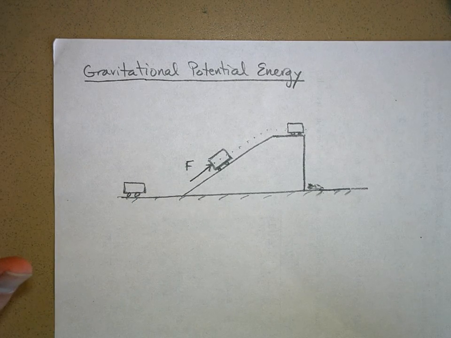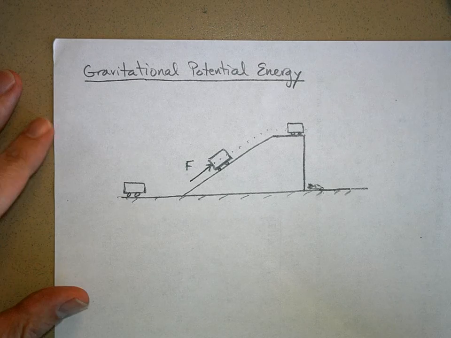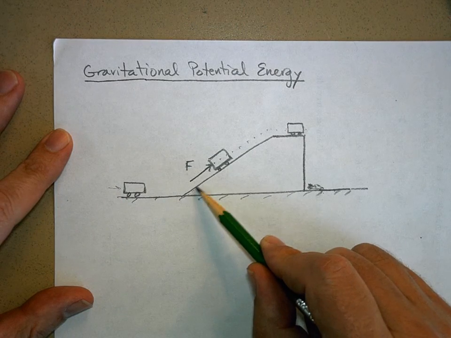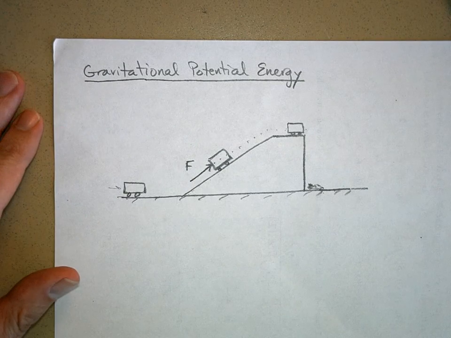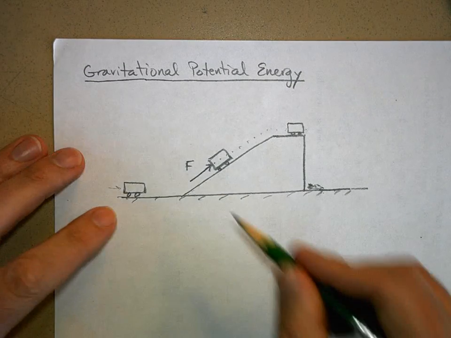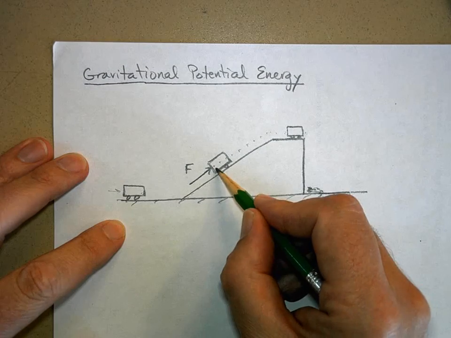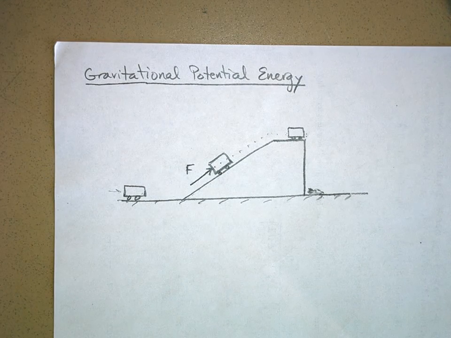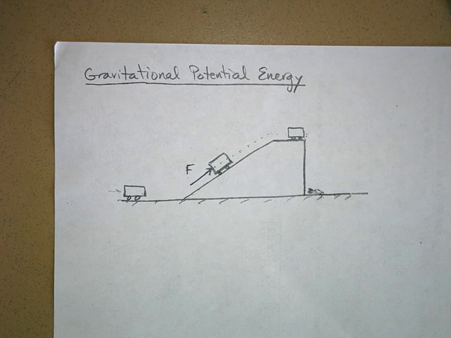There's no energy here. But someone starts to push on it, gets a little bit of velocity, and then we roll it up this ramp. So to get this crate up to the top of the ramp, somebody has to do work.